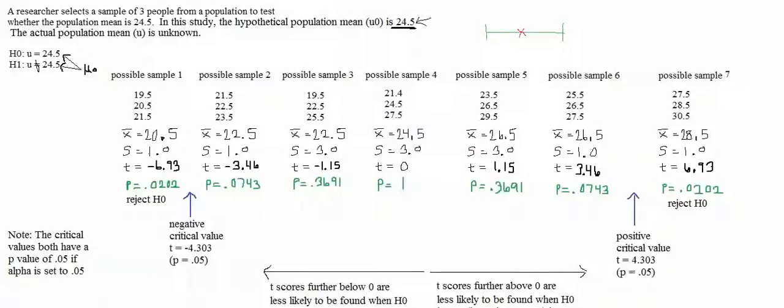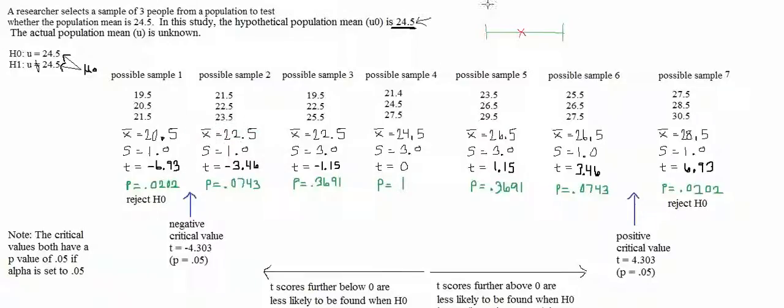If the actual population mean is somewhere lower, down here, you're likely to get a sample mean somewhere around that. And because of that, because you're likely to get a sample mean down here somewhere, you're likely to get one of these more highly negative t-scores.